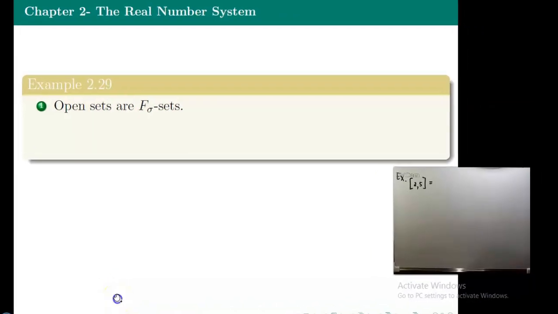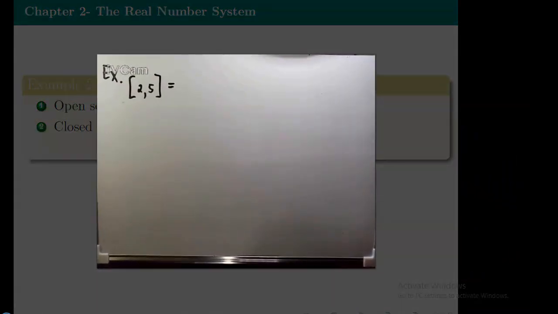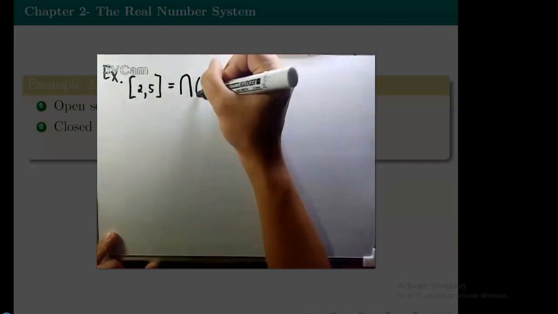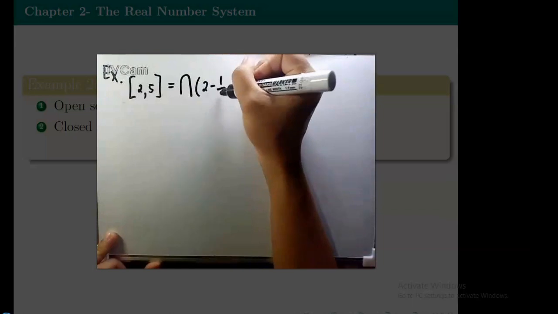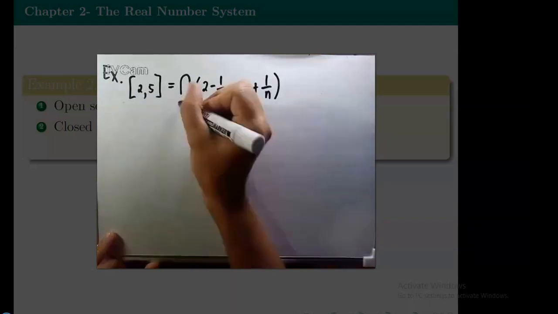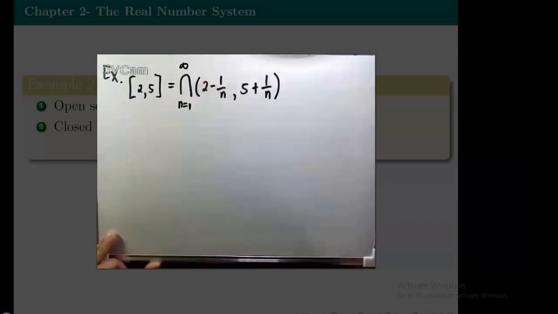Our next example is that closed sets are G delta sets. To show this, let us consider the closed interval from 2 to 5. We are going to show that this closed interval is a G delta set. It means we can write this as a countable intersection of open sets, the intersection of the open intervals from 2 minus 1/n to 5 plus 1/n, where n goes from 1 to infinity.